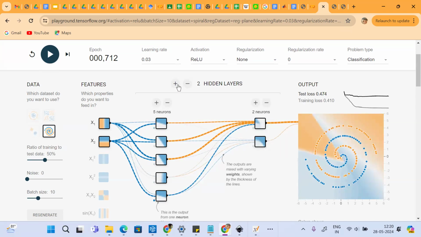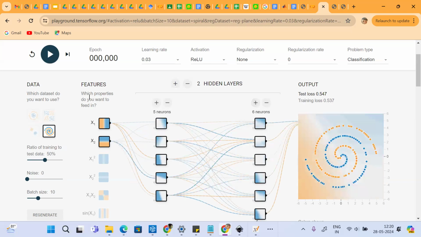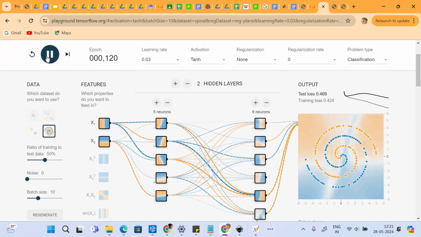We'll increase the neurons, in this layer. Shall we use tanh? So we increase the number of neurons in the second layer and we apply the tanh activation function. Let us see. This did not work.